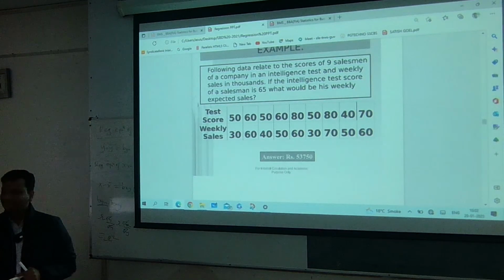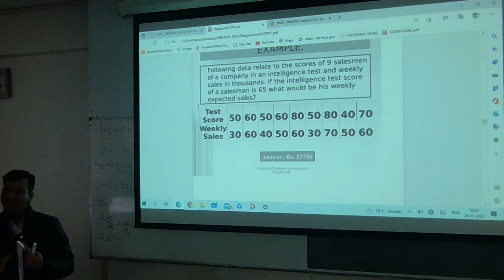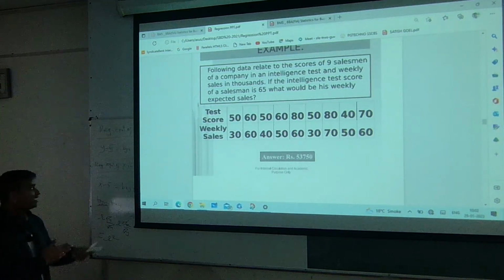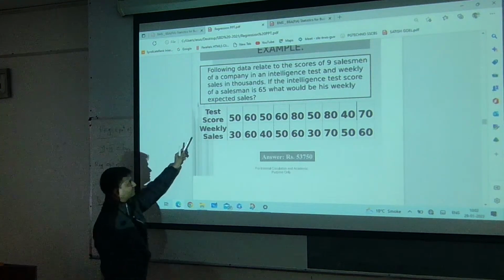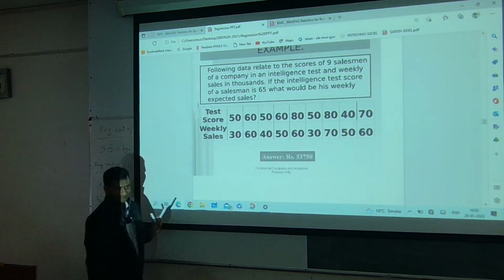We have to estimate, we have to predict sales for a given intelligence score. So intelligence score is independent. Sales would depend upon score, so sales is your y, which is the dependent variable. So in the model you take y for sales and x for score.